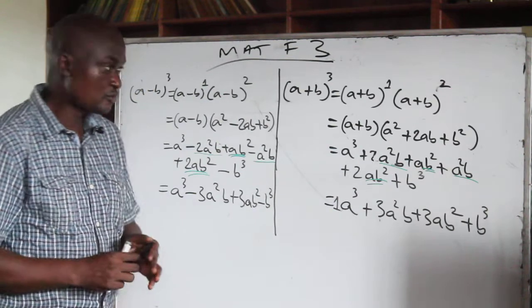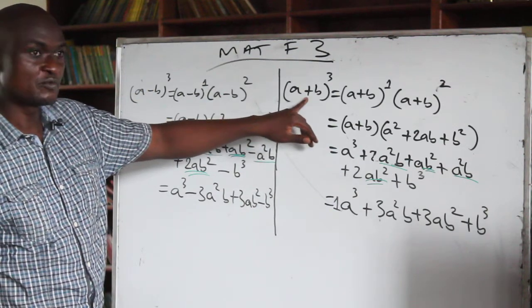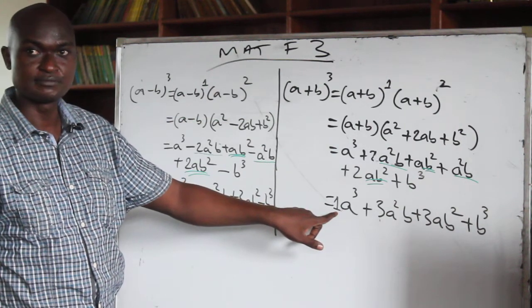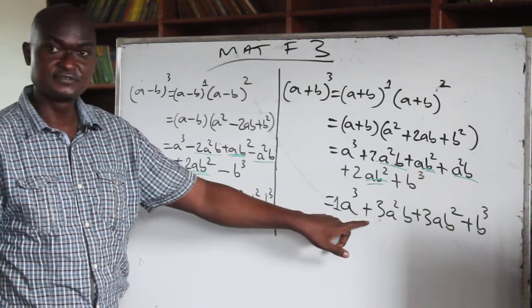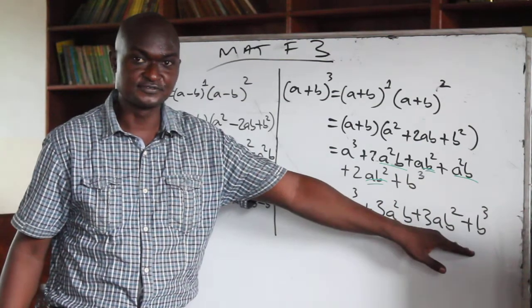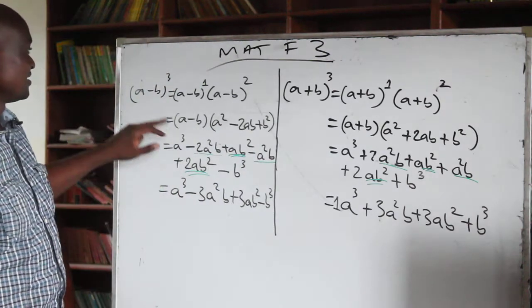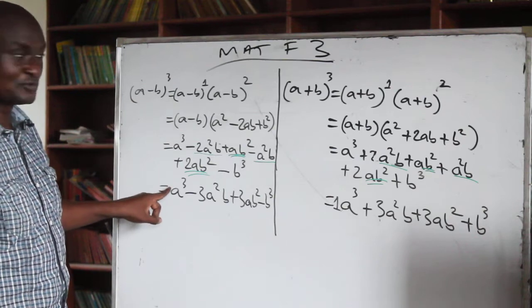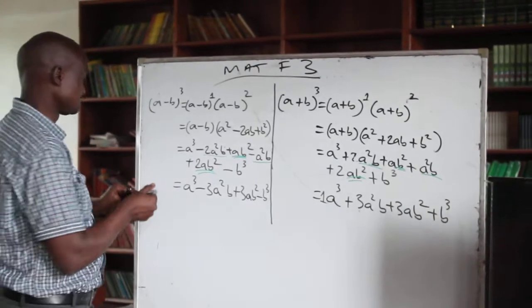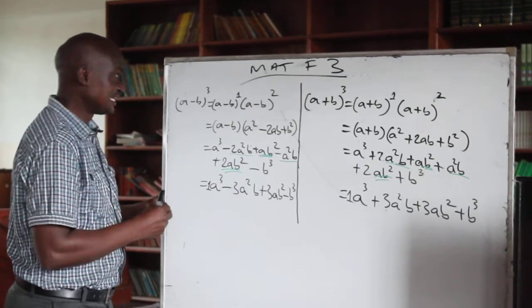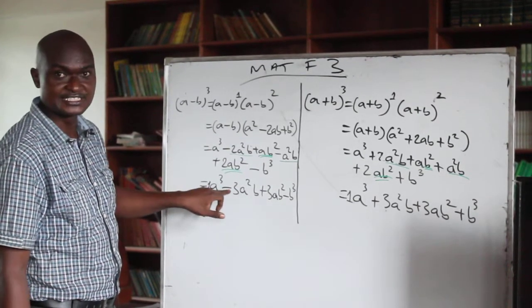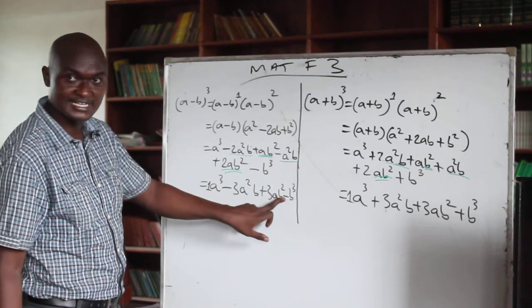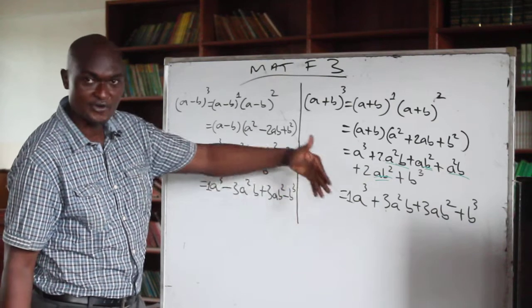You can see when you're expanding a binomial expression where there's a plus in between, the first term is always positive, second positive, and all of them are positive. But when you multiply a binomial expression where there's a minus in between, the first term is always positive, the second term is negative, the third term is positive, the next is negative, and it goes on and on.